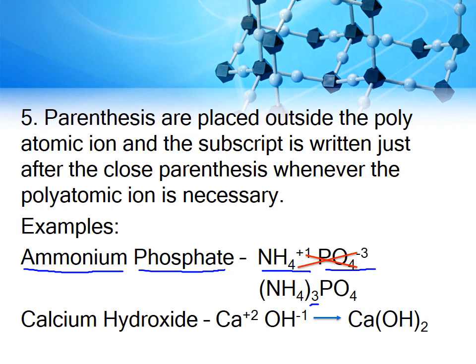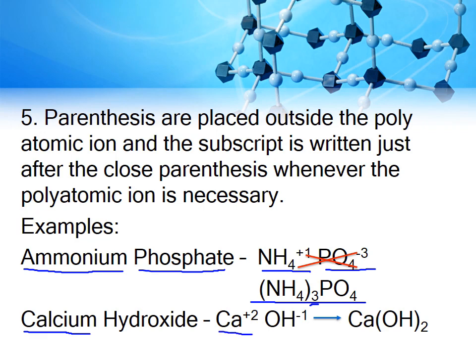And then right now, the symbol or the formula of phosphate, which is PO4. Now, the correct formula of ammonium phosphate is (NH4)3PO4.